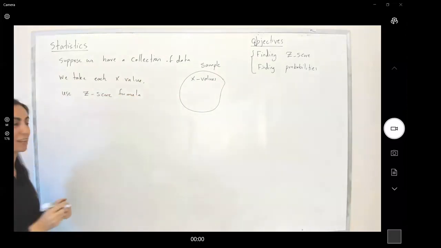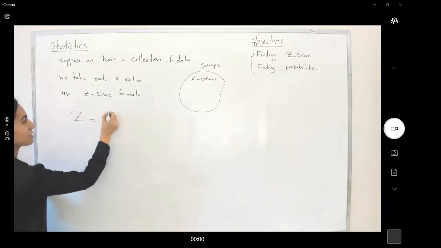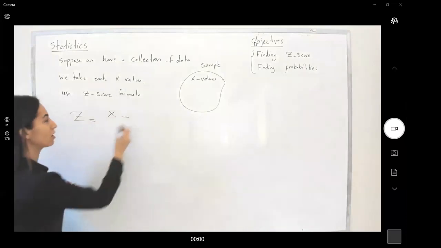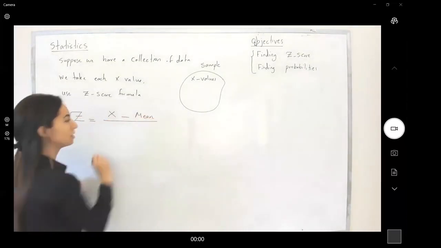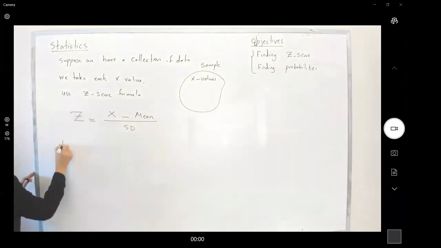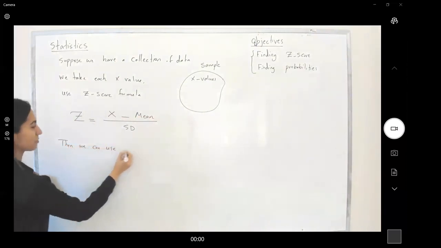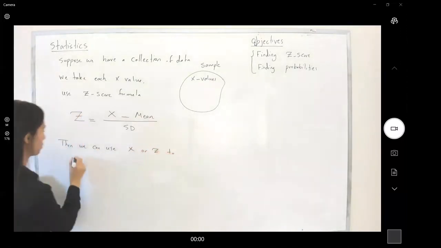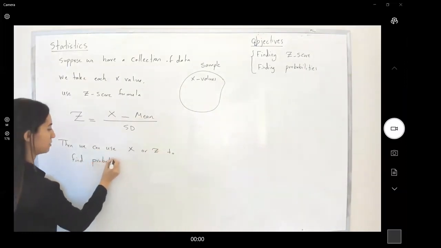This formula is given as z equals x value minus the mean of the collection, divided by standard deviation. Then we can use either x or z to find probability.